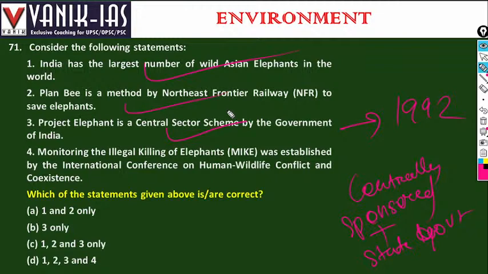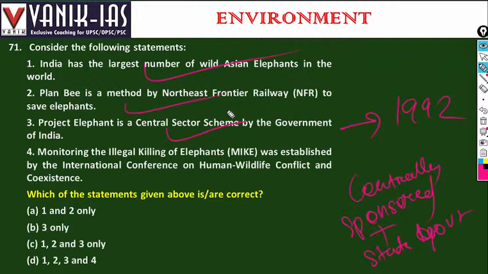Jointly they will implement it, so it is not a central sector scheme. Monitoring the Illegal Killing of Elephants, that is the MIKE program, is established by the International Conference of Human Wildlife Conflict and Coexistence?